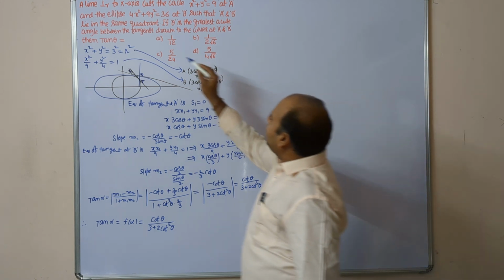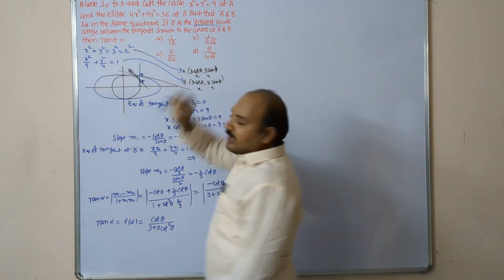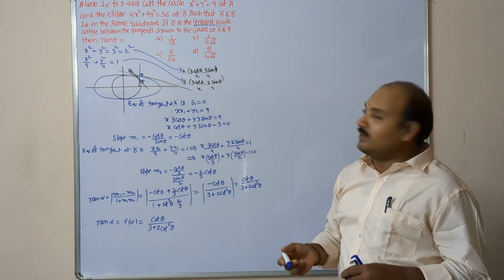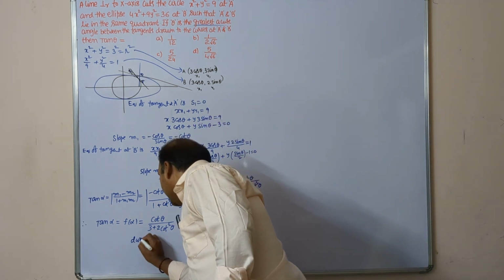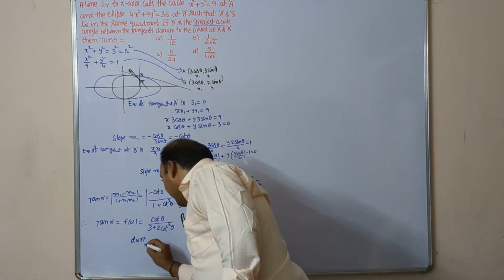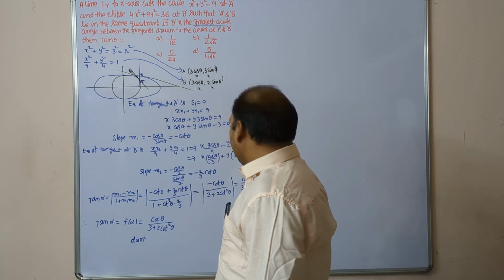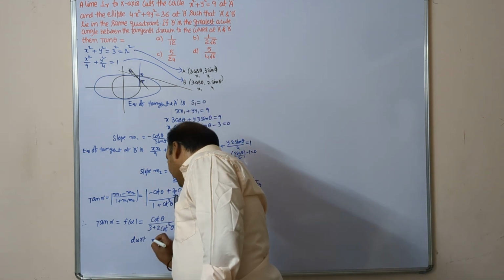For maxima or minima, they are saying greatest acute angle, greatest or least, so f dash of theta is required. Differentiate with respect to theta only.